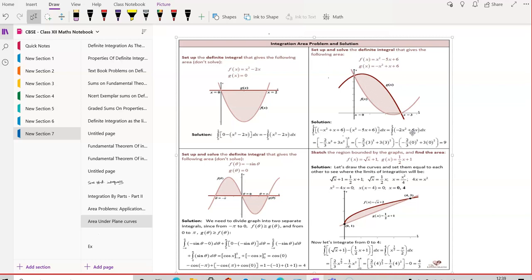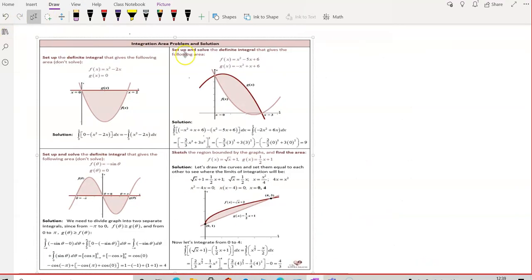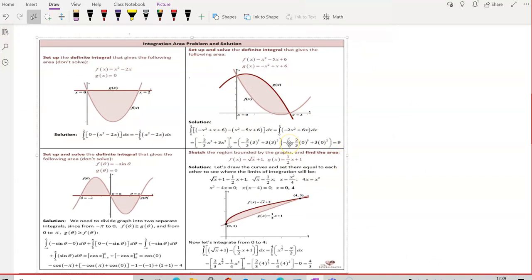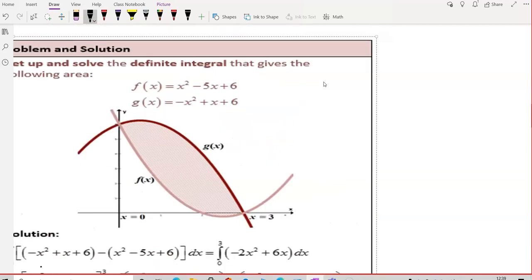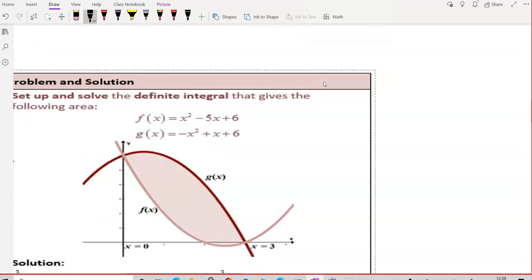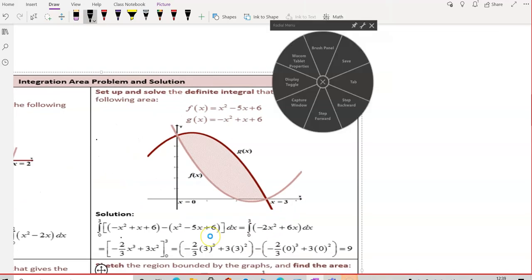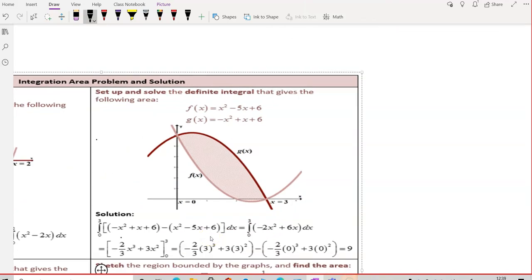You can see that f(x) equal to x square minus 5x plus 6 and the other one is minus x square plus x plus 6. This is a non-standard form of conic. Okay. x square minus 5x plus 6. Plotting is already explained. We did many based on it in class 11 course also.